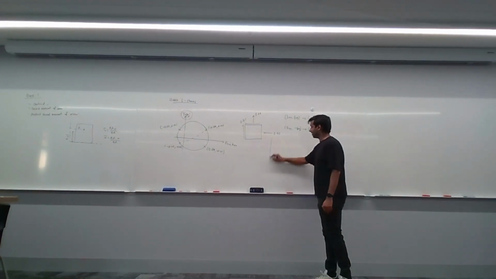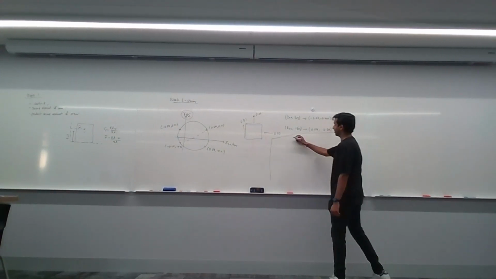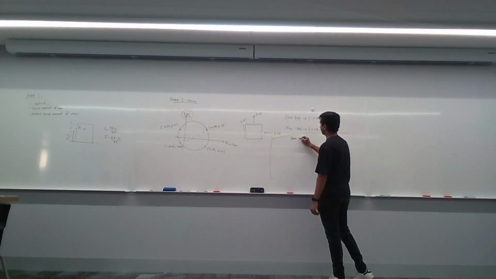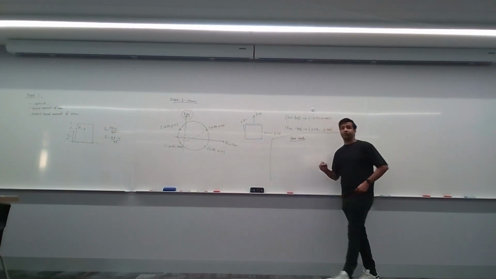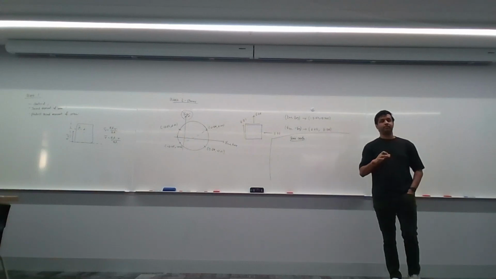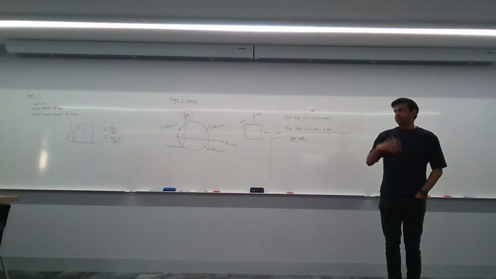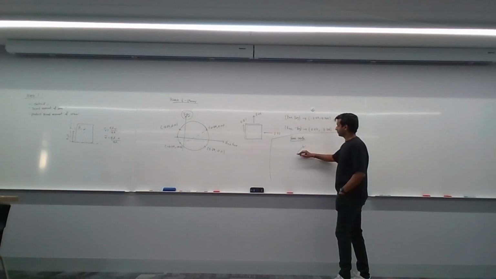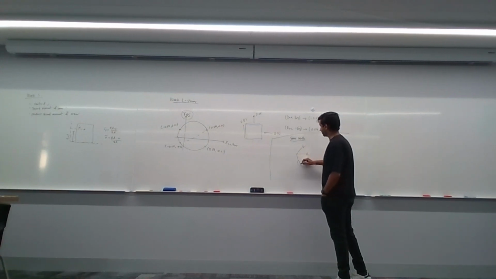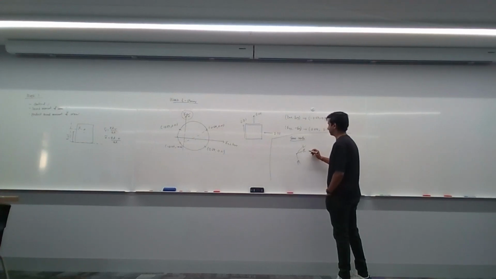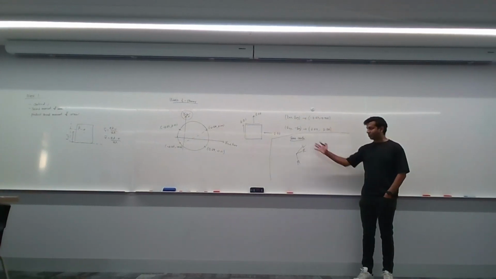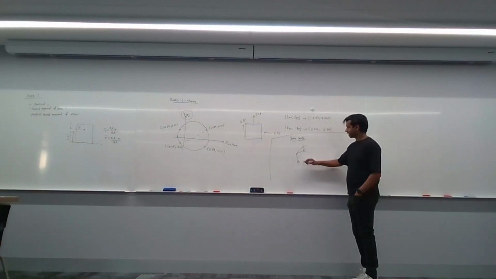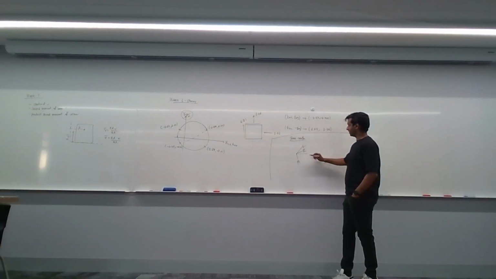That's for strain. Now, the other thing that we've learned in strain is the strain rosette. For strain rosette, say you're given a particular combination of 3 strain gauges, and let's say this is your x-axis, and that's your y-axis.